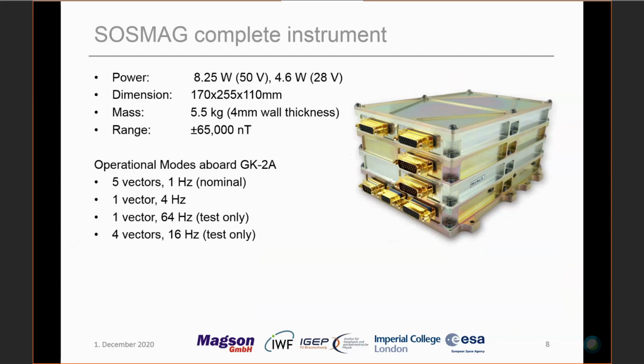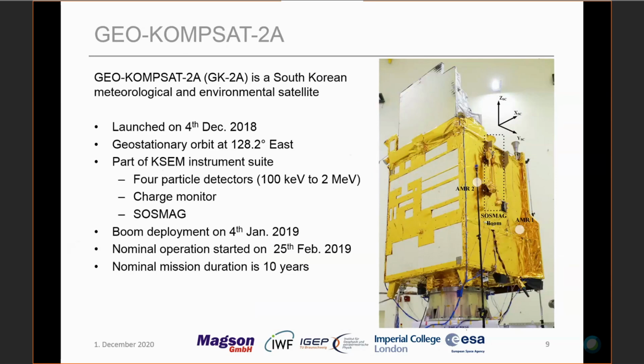Higher data rates with 4 vectors at 16 Hertz were only available during the commissioning phase. The telemetry rate is unfortunately limited from the satellite side. In the future, we hope that, once the correction is stable, we can send corrected data. We can operate the instrument in a 4 Hertz mode with only onboard corrected data.